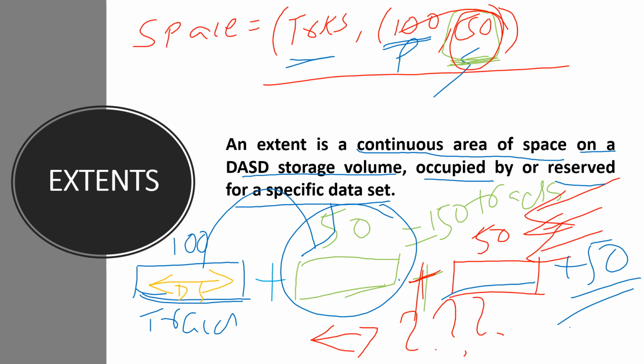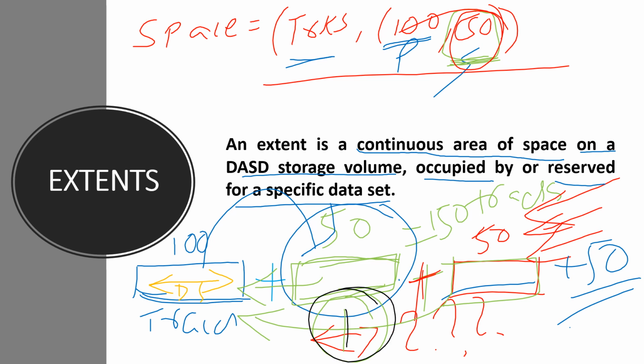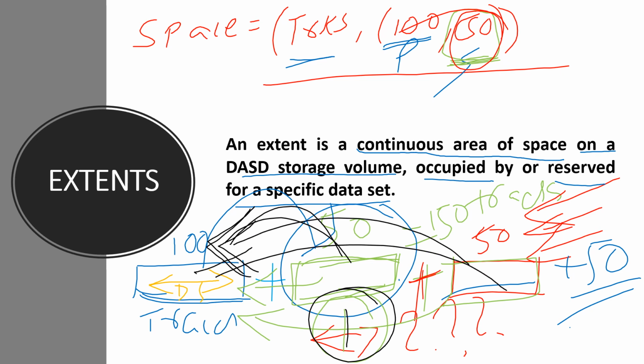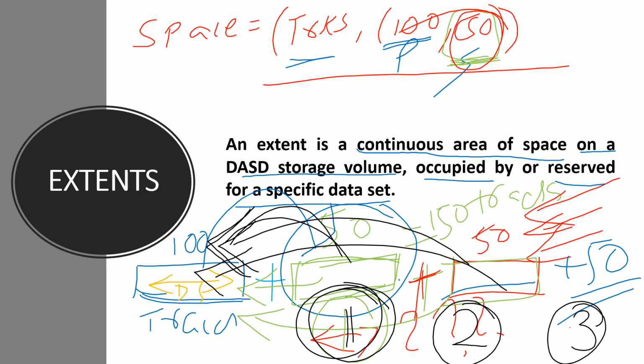These 50 tracks are given to this data set, again a continuous space of 50 tracks is given, and this is the first extent. However many times you give secondary space, that many extents it is called. So this is the first extent, this is the second extent, this is the third extent. Like this, how many extents can it go?